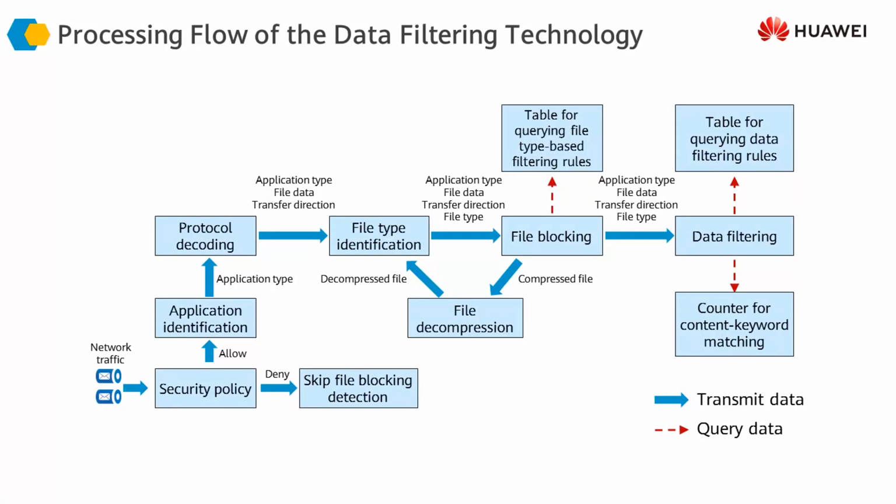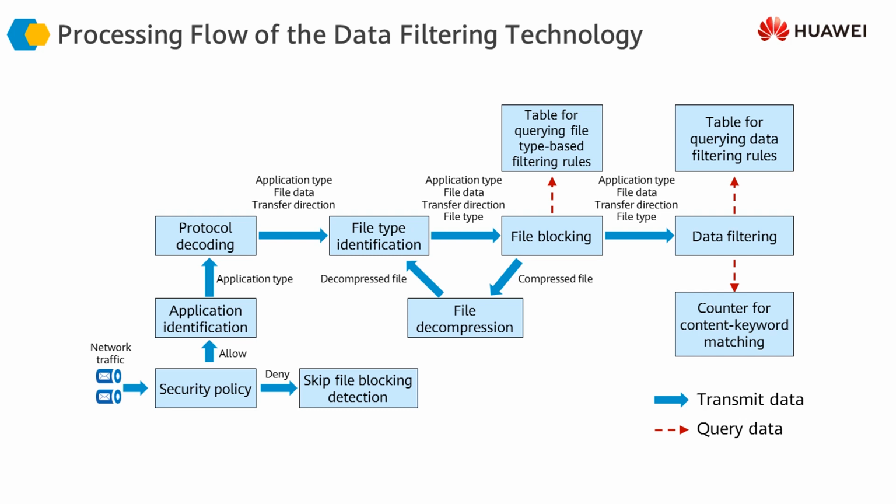This is the process flow for data filtering technology. This is similar to file blocking technology, almost the same thing. You look at the security policy. According to the security policy, if the action is deny, you skip the content filtering, or file blocking and data filtering steps.